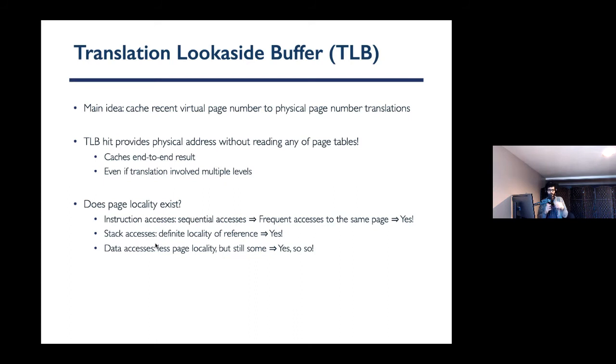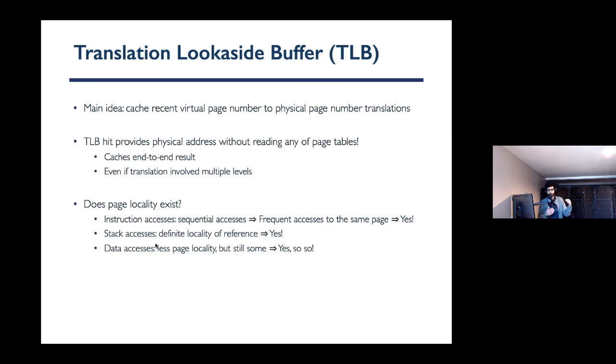Now for the rest of the data, you might have less page locality. You might access data that is mapped to different pages in your memory, but you still could access the same data again and again. So you probably don't have much spatial locality with data, but definitely could have temporal locality.